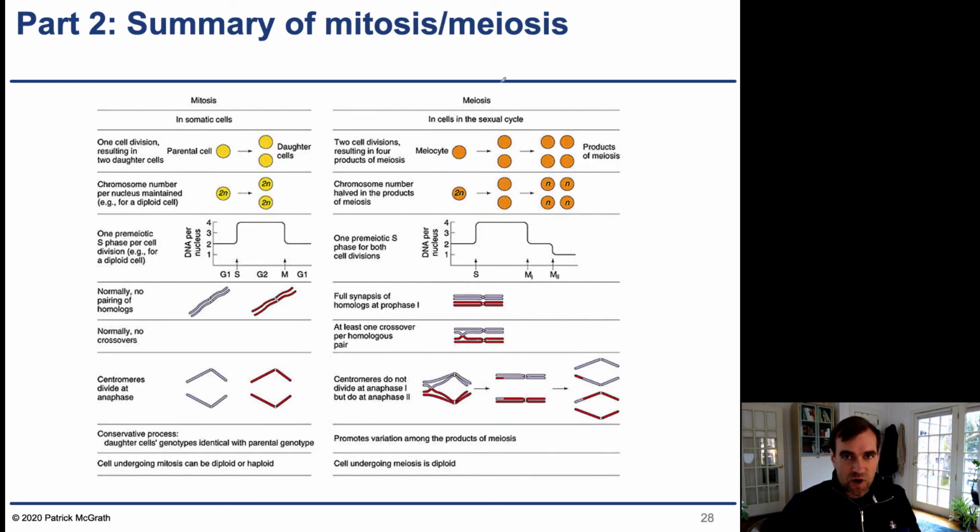Just to summarize the differences between mitosis and meiosis: mitosis occurs in somatic cells, and its goal is conservative, to have the exact same copies of DNA. If we look at the DNA per nucleus, S phase occurs, synthesis occurs, and then mitosis completes, and you have 2 cells with the same DNA per nucleus.